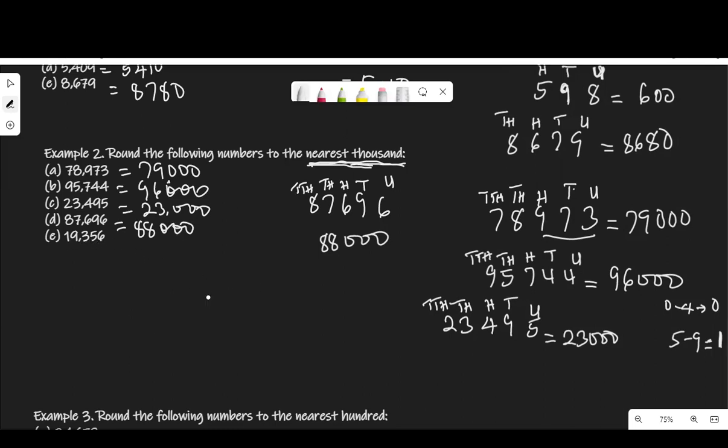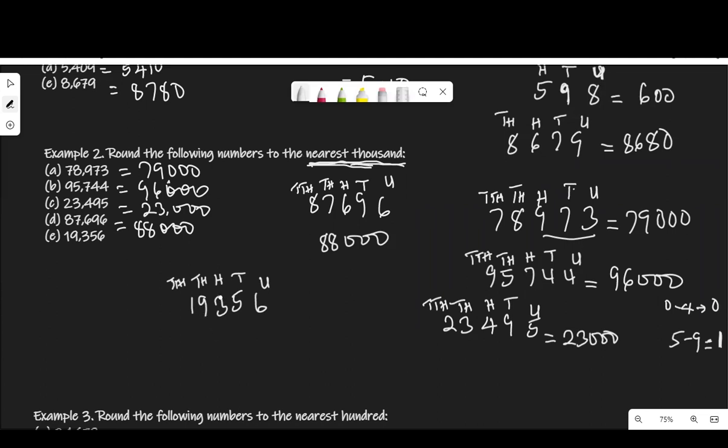And lastly, we have 19,356. Indicating their place value: unit, tens, 100, 1,000, and 10,000. So we are rounding to the nearest thousand. We look for the digit that's in thousand position, which is 9.